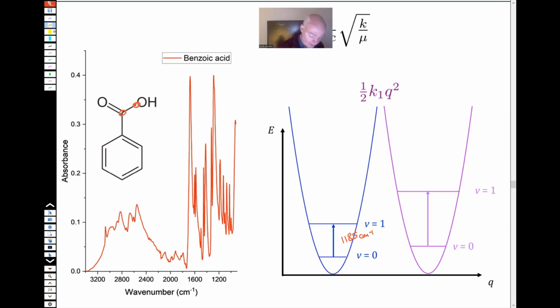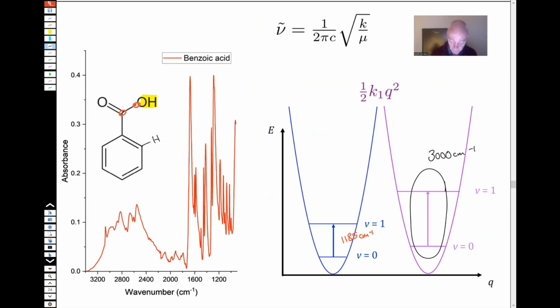But if we look at the OH, or a CH, remember these are all CHs, that's going to vibrate, even though the force constant's the same, at a much higher frequency, up at about 3,000 or even higher, because of the effect of the reduced mass. That's a really important point to appreciate. So we can actually see it as a denominator. That's an important point to think about.